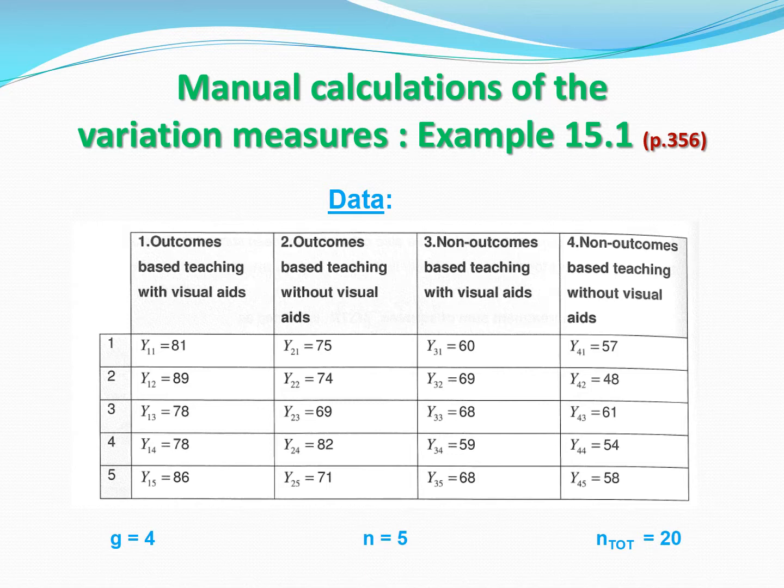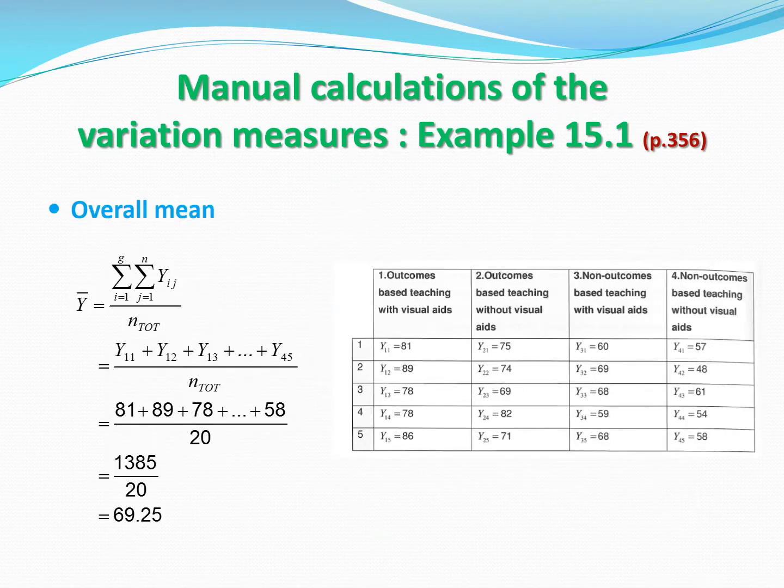Then we had 4 different treatments, so our number of groups will be 4, and there will be 5 observations within each group. We need to start off by calculating our overall mean, so we simply add all 20 observations and then we divide by 20 since our total number of observations is 20.